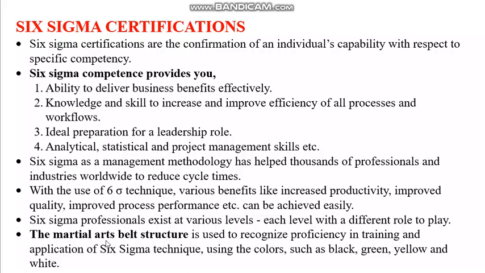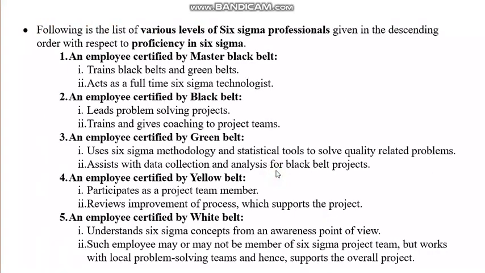Now, the martial arts belt structure is used to recognize the proficiency in training and application of Six Sigma techniques. So there you're going to use colors like black belt, green belt, yellow belt, white belt. Okay, now let us see about these things. You see various levels of Six Sigma here.